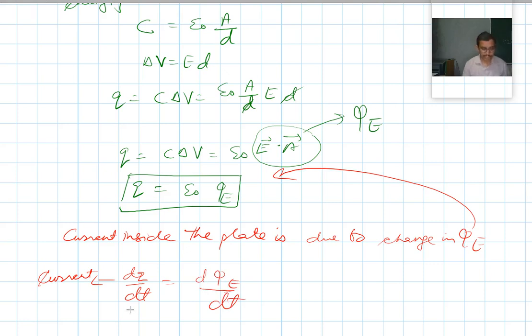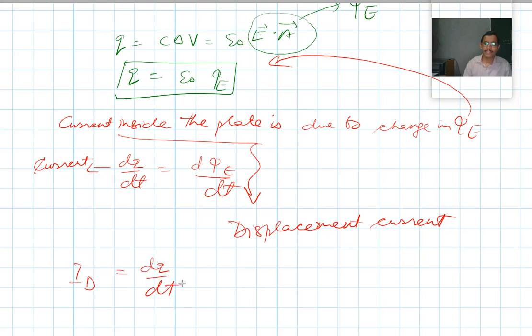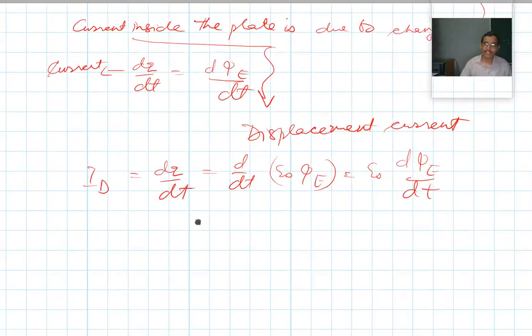The current inside the plate, Maxwell called displacement current. So let us call it id is equal to dq upon dt, which is equal to d upon dt of epsilon naught phi E, and epsilon naught can be taken outside: epsilon naught d phi E upon dt. This is the displacement current.